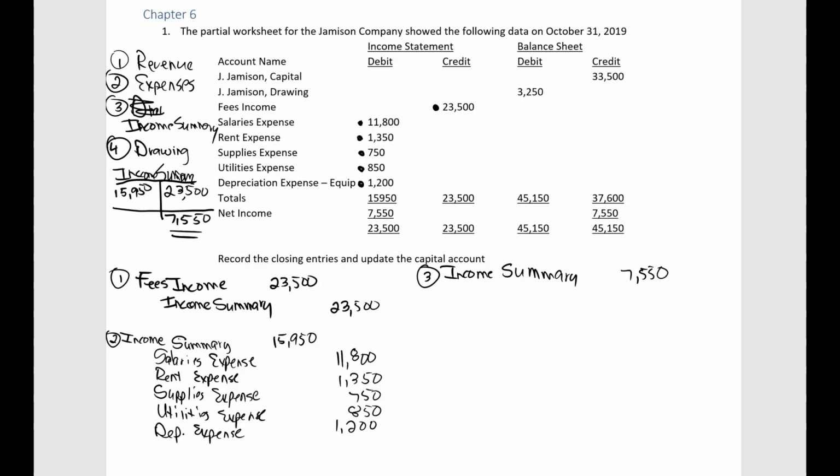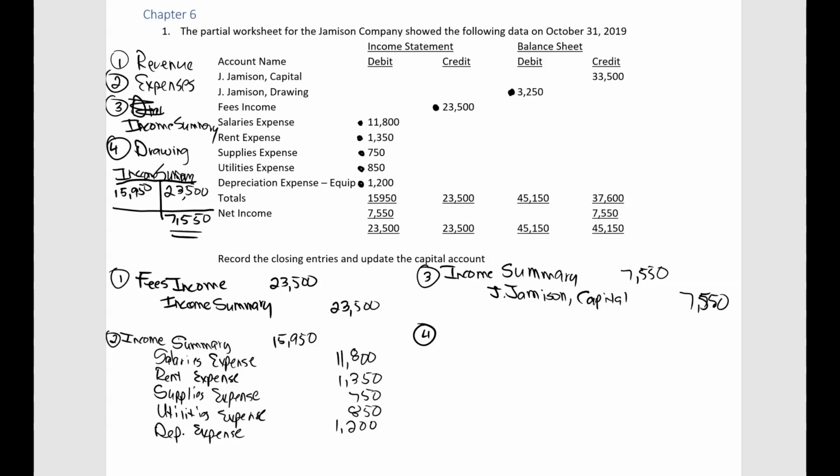And we close out income summary into the capital account. The capital account is Jameson Capital for $7,550. Our fourth journal entry is to close the drawing account, which has a debit balance of $3,250.